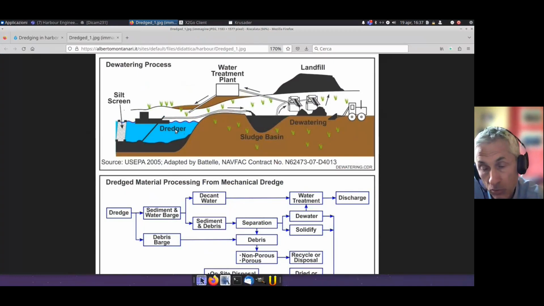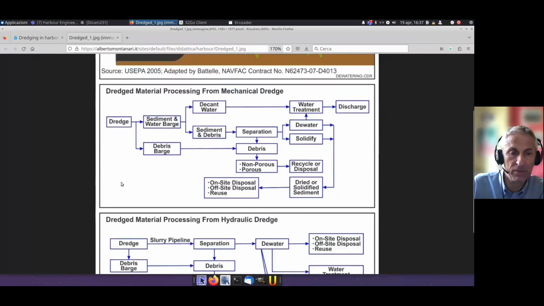Some water is still there, and therefore they mechanically separate the sediments from the water, send the water to a treatment plant from which it can go back to the ocean. And then the removed sediments, which may be salted, by the way, are used for the purposes that have been pre-identified.